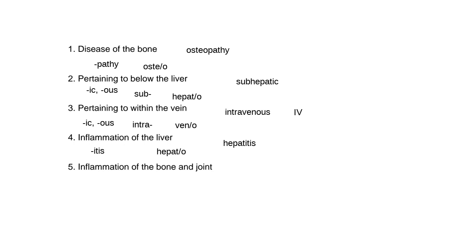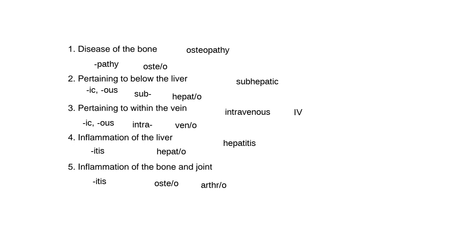Okay. Inflammation of the bone and joint. So again, we have itis. Bone is oste. And joint is arthro. Okay, so because I put bone first, I'm going to use that first as the beginning of my word. So oste.